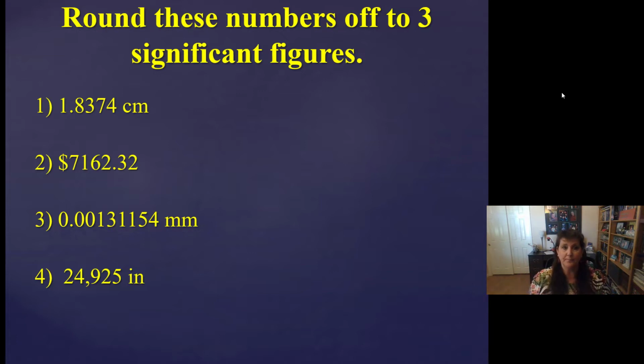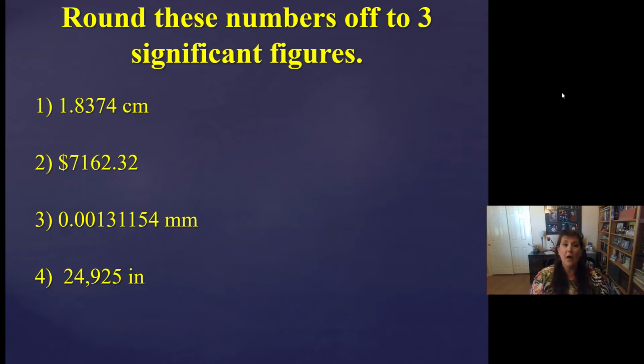Pay attention. Number 2, $7,162.32, so 32 cents. Round to 3 sig figs. So we're going to keep that 7, we're going to keep the 1, we're going to keep the 6. Look next to it at a 2. Does a 2 round up?